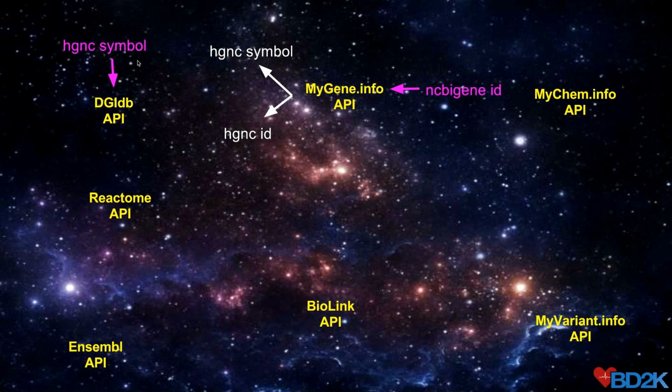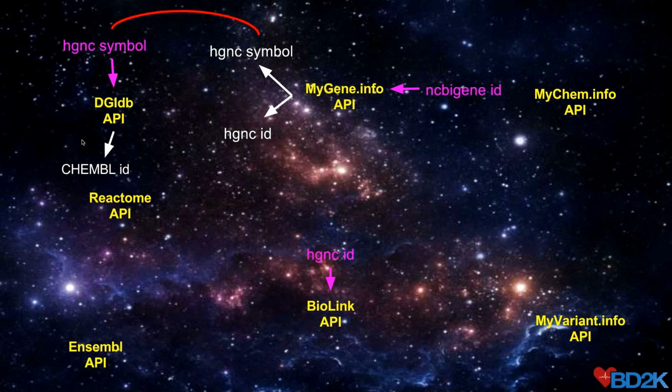Once it takes HGNC symbol, what it outputs is a ChEMBL ID, so it returns all the ChEMBL IDs, which represent drugs related to these genes. So the input of DGIDB is actually the output of MyGene.info, and you can link those APIs together through HGNC symbol. You can connect from any NCBI gene ID directly to ChEMBL ID through HGNC symbol.